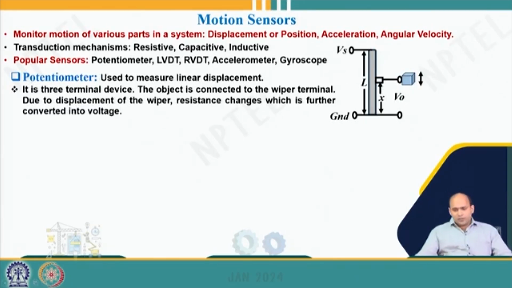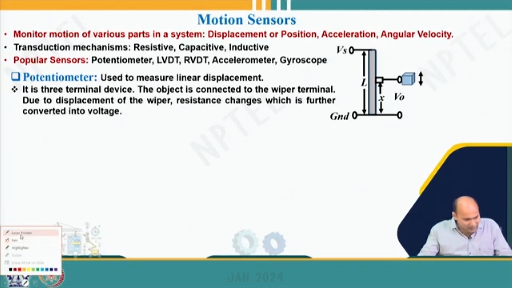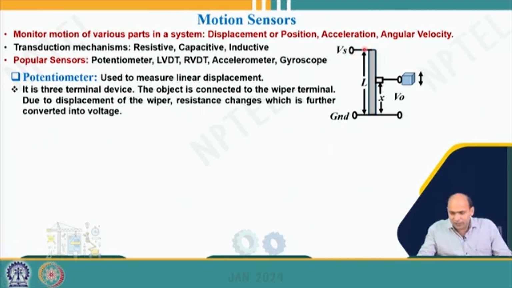Okay. So, a potentiometer is typically a 3-terminal device. Here this one is your potentiometer, and this is one terminal that we connect to the supply voltage. Another terminal we typically connect to the ground, and the mid terminal is called the wiper. This device is used for measurement of linear displacement.